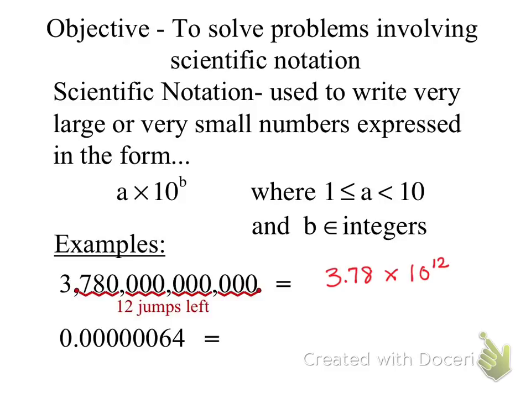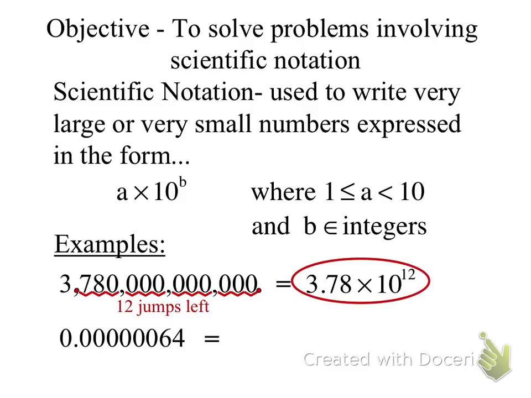When we're going from a decimal, however, I've got to move that decimal. This time I'm going from a small number and making it bigger. So I'm going to move it 1, 2, 7 jumps. I'm going to go 7 different times.